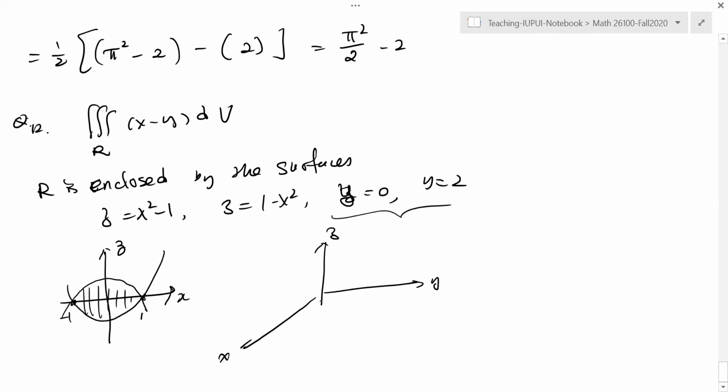So it's going to be like this. This is a cross-section, this is a disk. If there's no restriction on the y variable, you get a kind of cylinder type. But we do have a restriction on y: y is between 0 and 2. So this is the piece we got.